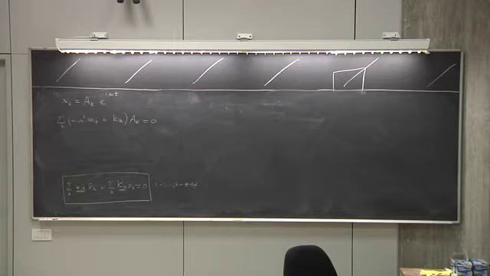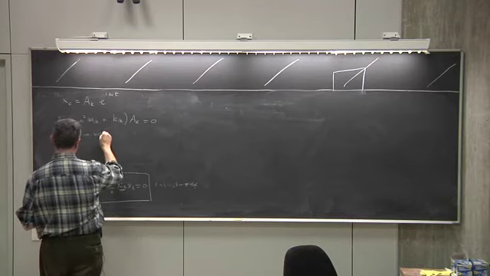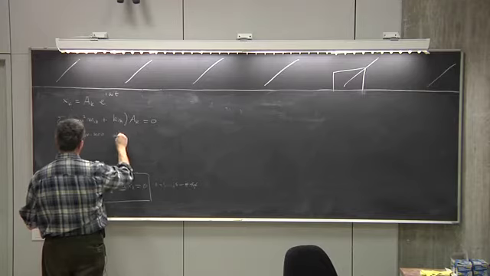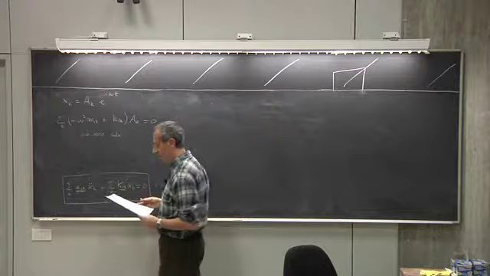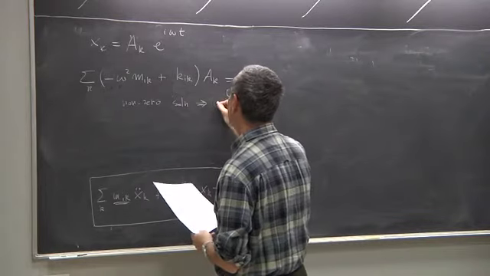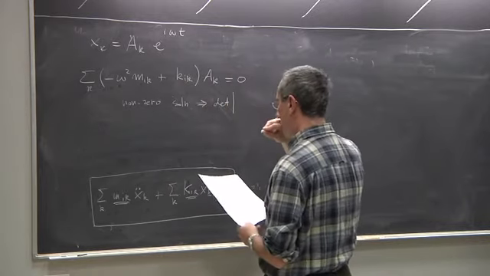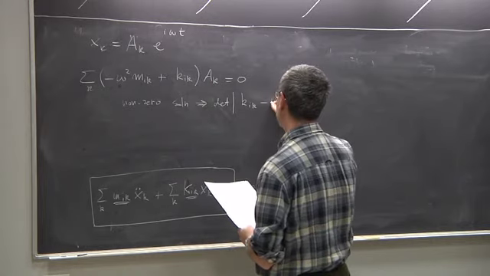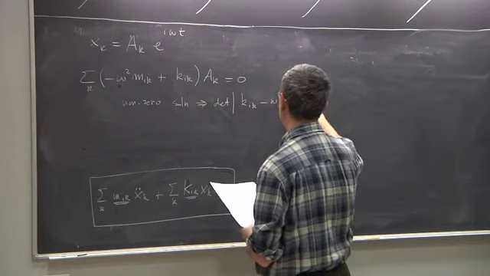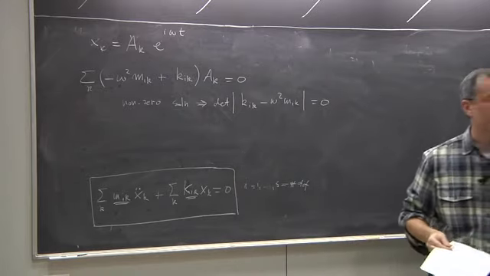So the determinant of this quantity, well, let me write it the other way, the sign is immaterial, vanishes. From your linear algebra, you know this.